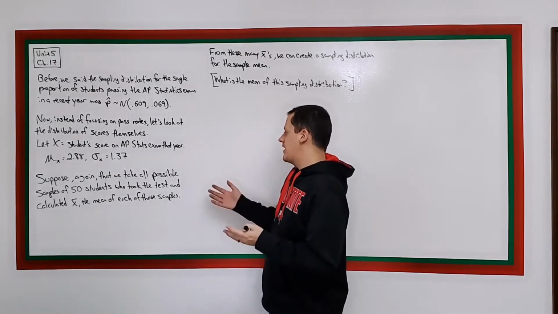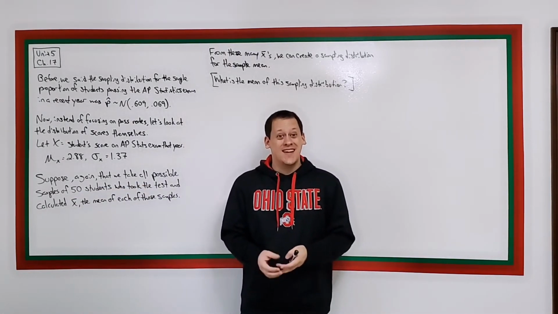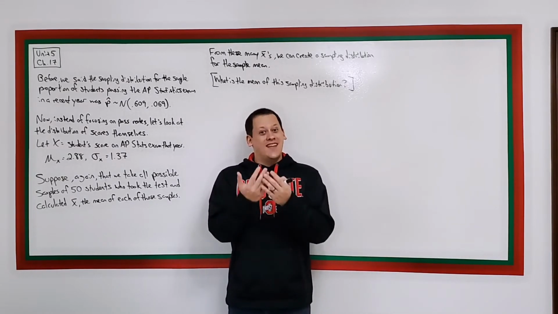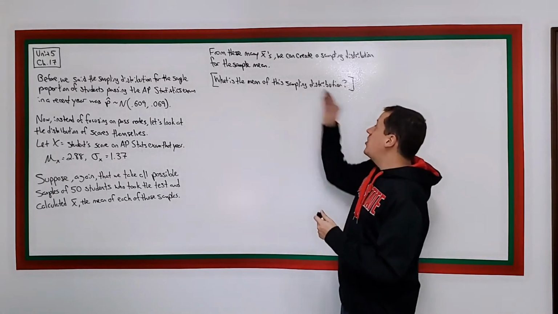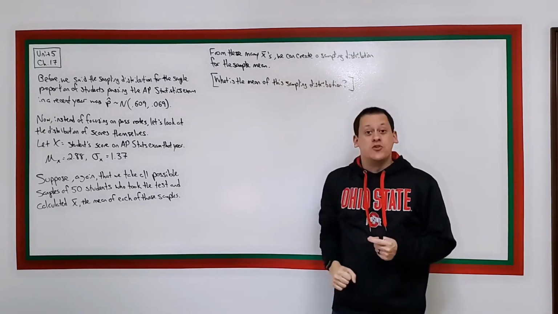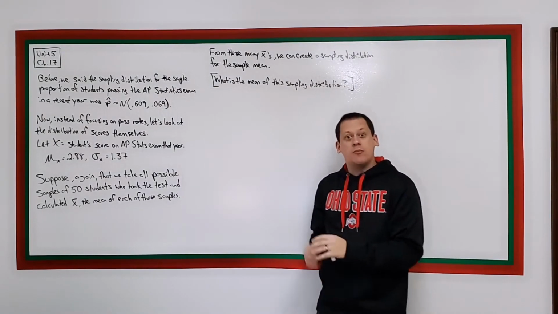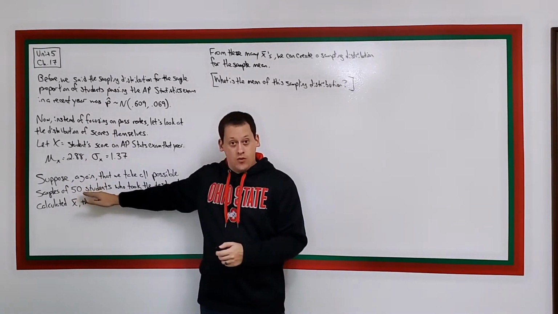Because we're only taking samples of size 50 and there are over 200,000 students who took the test. So we're going to have lots of x bars here. We can create a histogram of those x bars. And yes, in fact, we can create from those x bars a sampling distribution for the sample mean. Now, not for sample proportions, because we're interested in the sample mean scores.